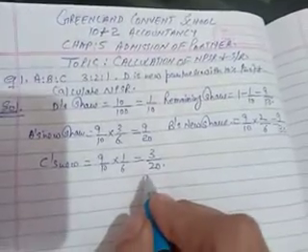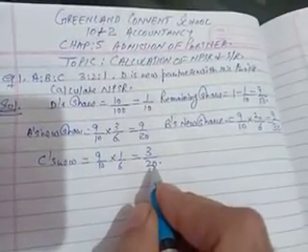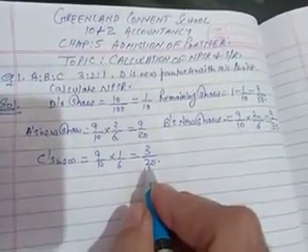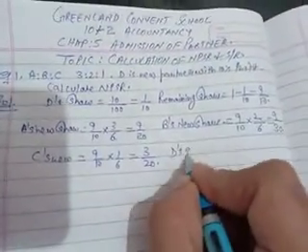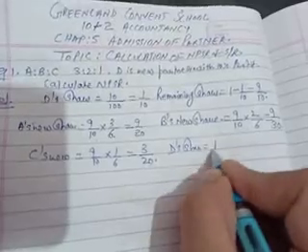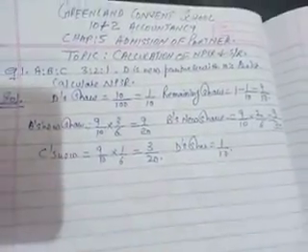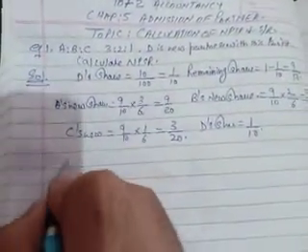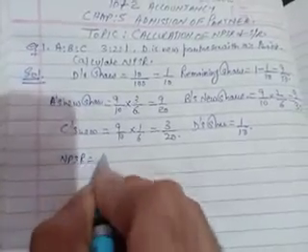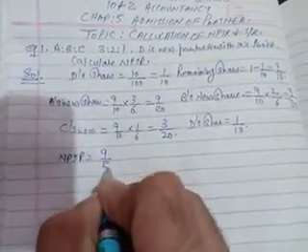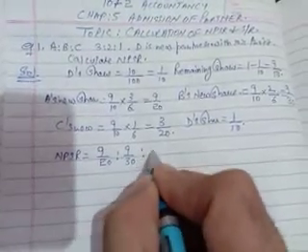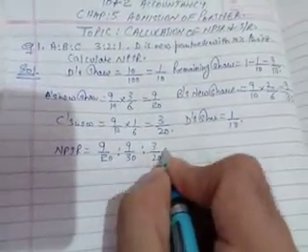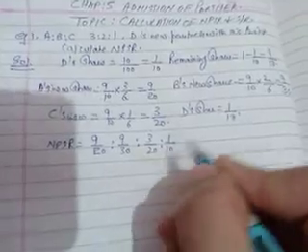So 3 by 20 will be C's new share. D's share we all know, 1 by 10. So NPSR will be 9 by 20 ratio 9 by 30 ratio 3 by 20 ratio 1 by 10.